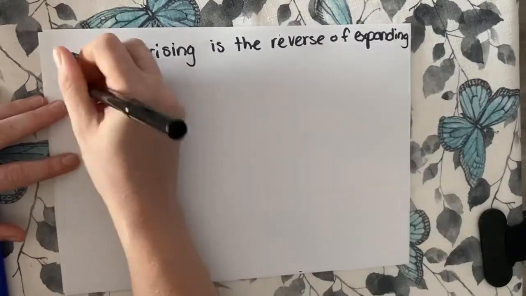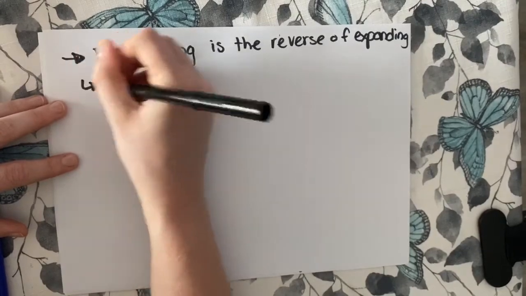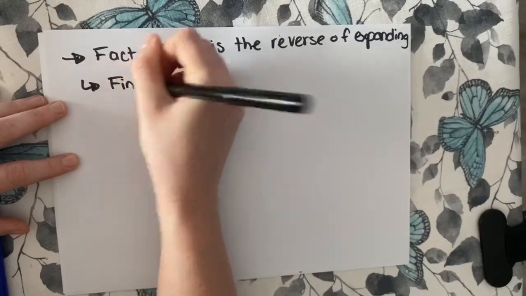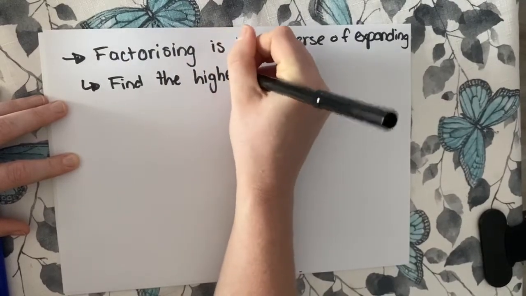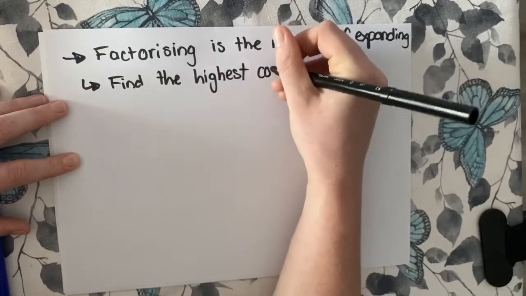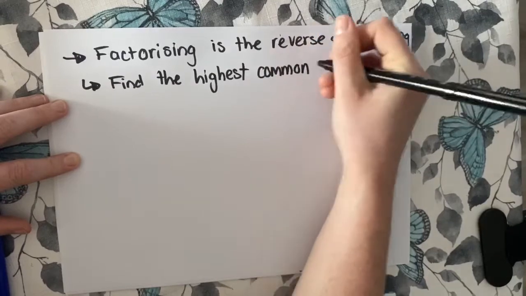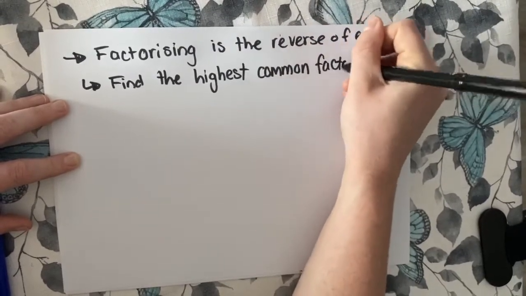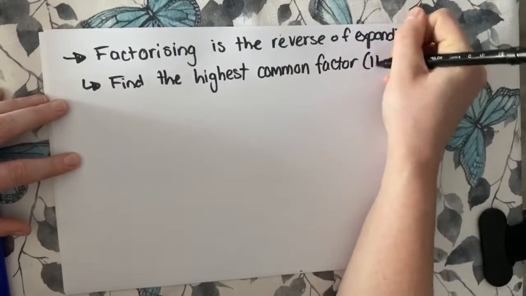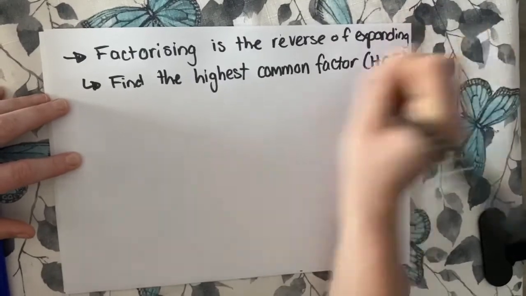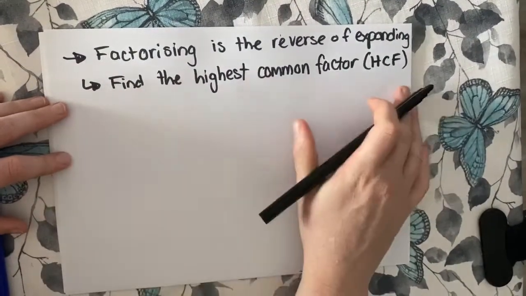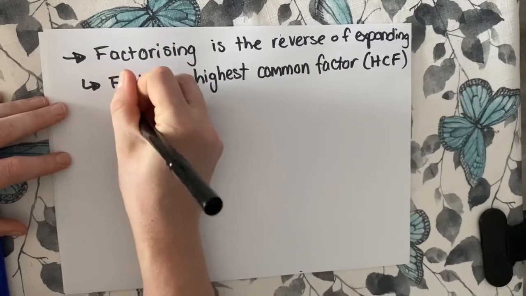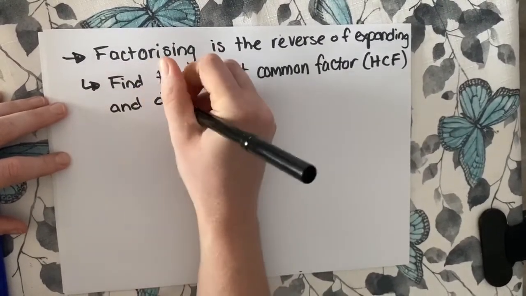To do this, we need to find the highest common factor, which I'm going to refer to as the HCF from now on. So find the highest common factor and divide each term by it.